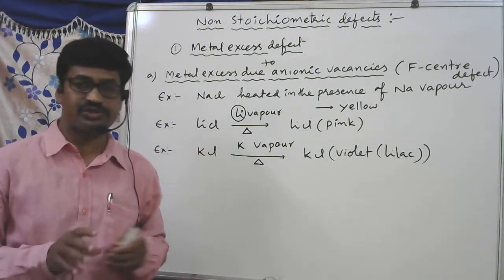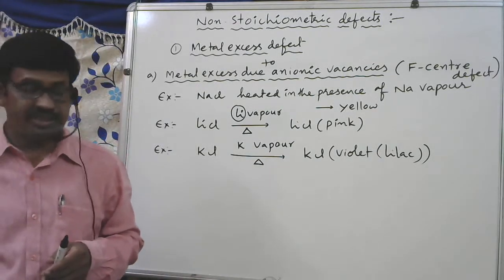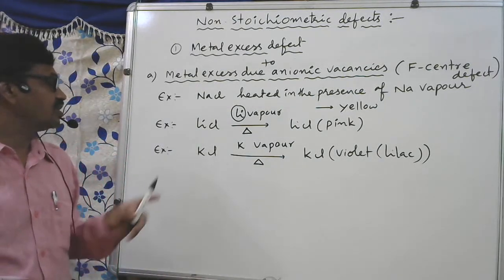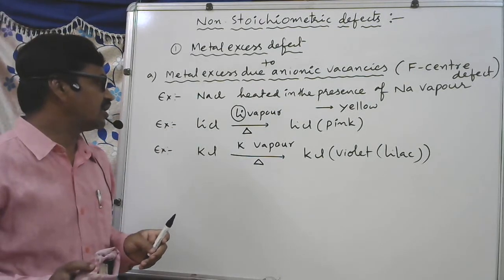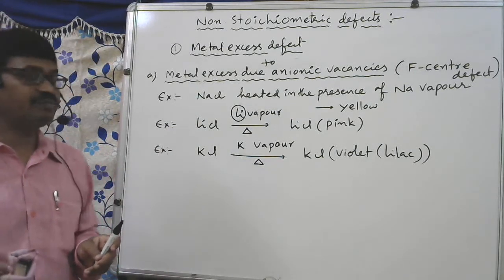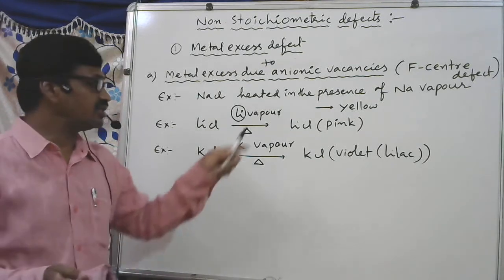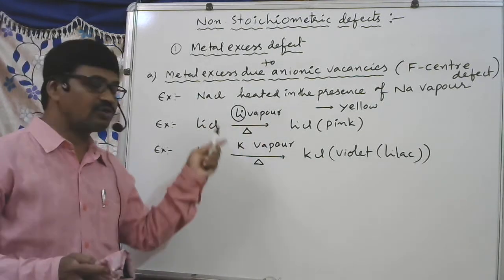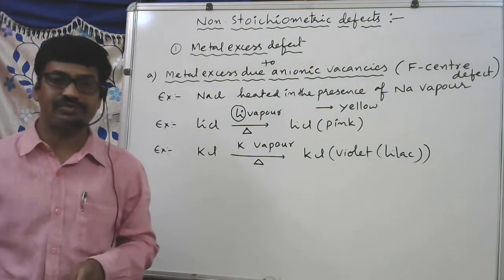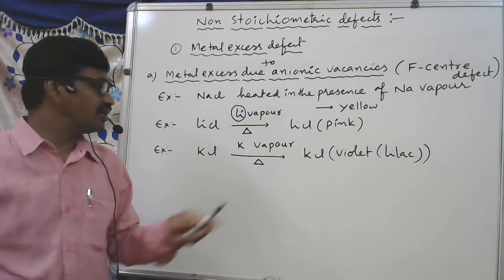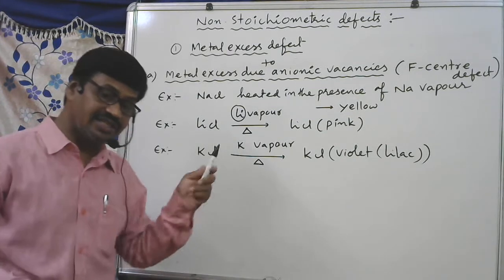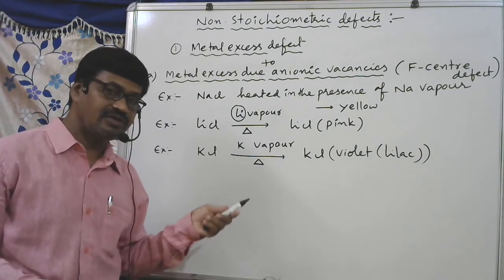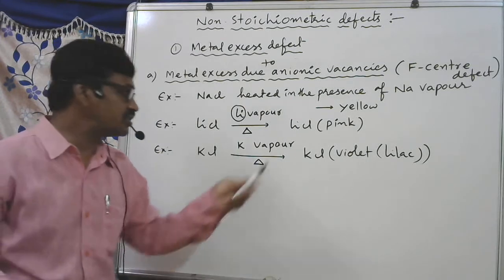They may ask questions like these. Here I am taking the first example, sodium chloride heated in the presence of sodium vapor. It means excess of sodium in sodium chloride gives yellow color. Questions may also be given as statements like that. Excess of lithium in lithium chloride, when it is heated in the presence of lithium vapor, produces pink color.